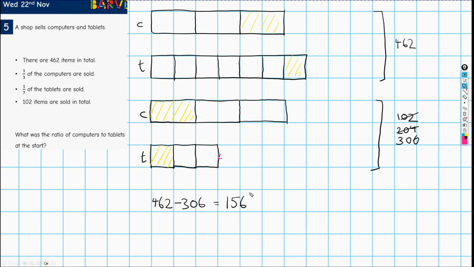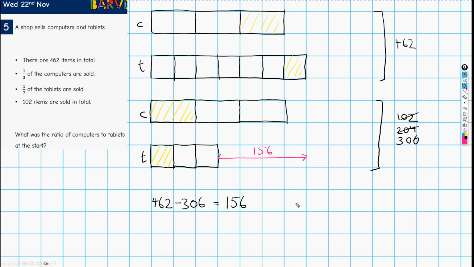I'm going to go to another color just because I can. And what does 156 show us? Well, that's the difference between 3/7 of tablets and 7/7, because we can see how we've got all of the computers accounted for. So this is 156. And what does that relate to? 1, 2, 3, 4/7, 4 parts.